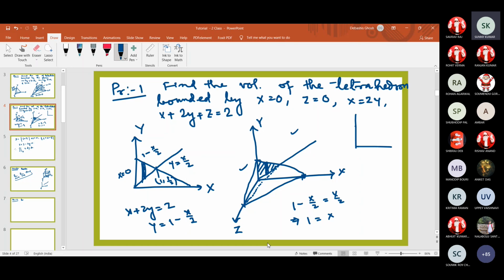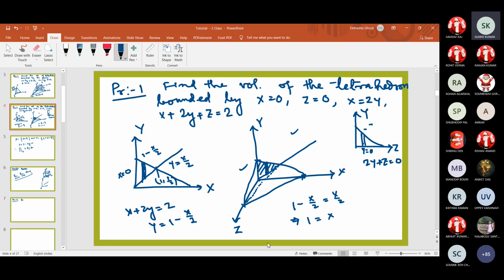If you consider this one as z and this one as y, then the line x equals to 0 gives you 2y plus z equals to 0. On your z axis, that is fixed, so on your y range, y equals to 0 to y equals to minus z by 2.